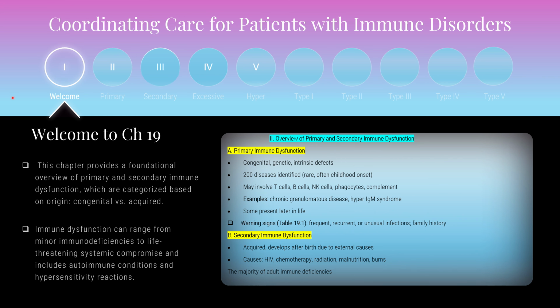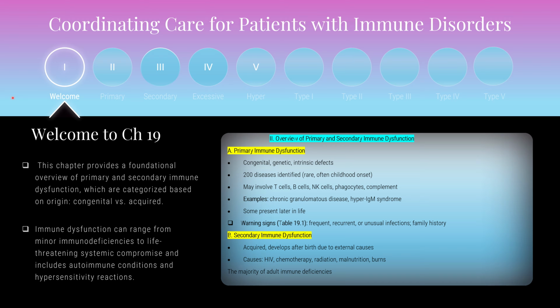I'm telling you that the overview of the primary and secondary makes an introduction to almost the whole chapter. The primary is congenital, genetic.